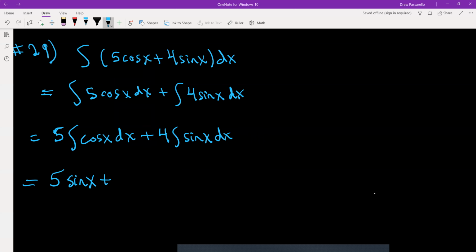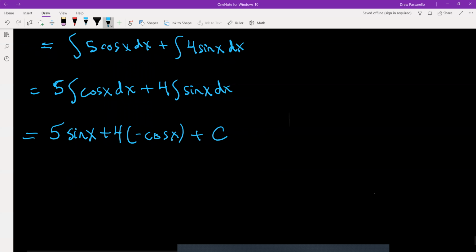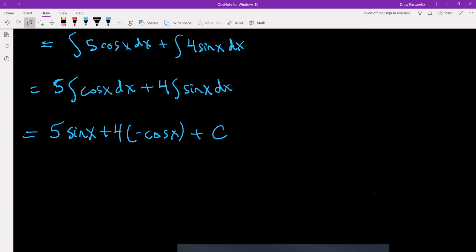And then plus 4, and normally when we take the derivative of sine, it's positive cosine, but when we integrate sine, it's negative cosine. And don't forget to attach the constant of integration at the end, the plus c. So this would be 5 sine x minus 4 cosine x plus c.